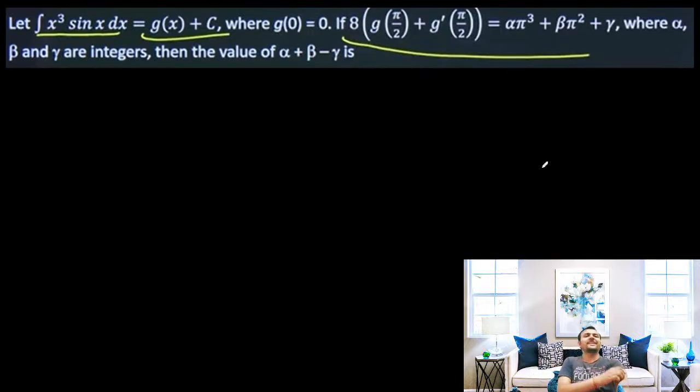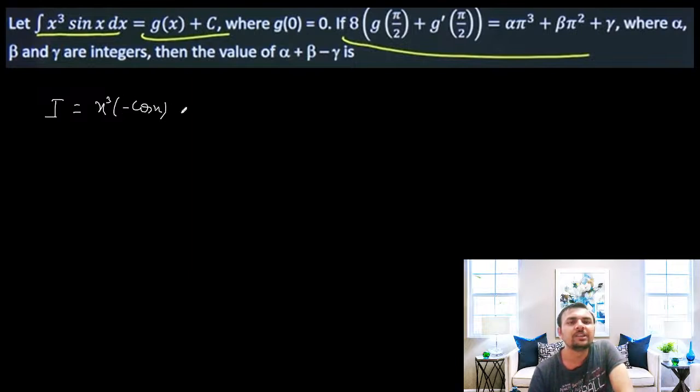The integral of x cube sin x dx is g(x), okay? So we have to simply apply integration by parts. We'll take x cube first, and the integration of sin x is minus cos x. Then again plus 3x square cos x dx.